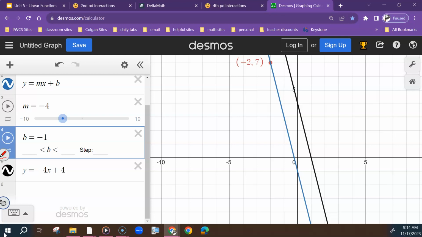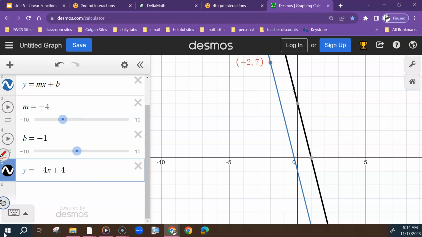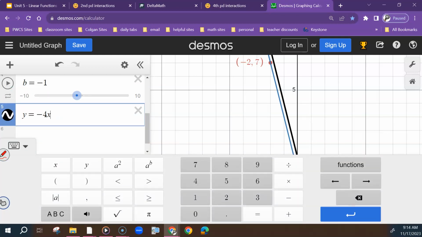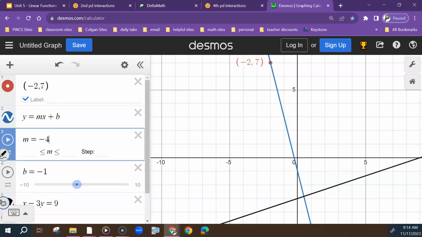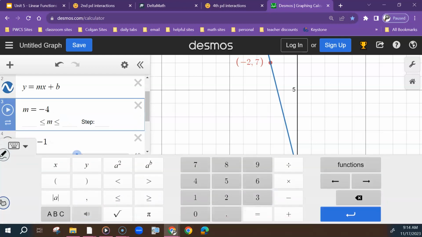The same thing will happen if you do something like number 2, except you can put in the original. So if I put in x minus 3y equals 9, and I'm looking at this line, I see that the slope is up 1, to the right 3. Then I can just change this. Oh, and I have to change the point.